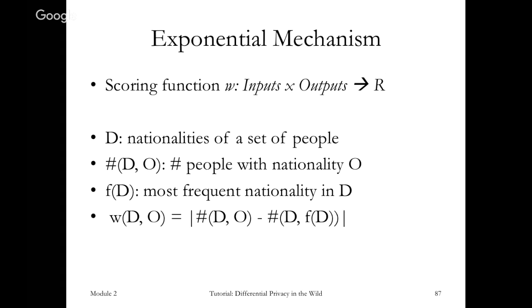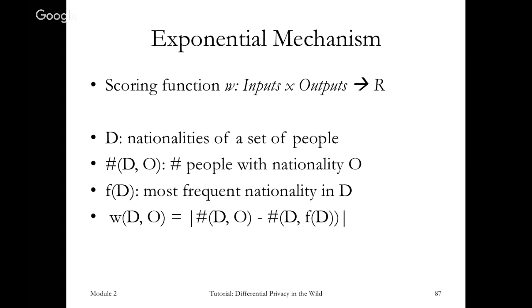Then our scoring function, how much would we like to output this particular nationality, would be the count of the number of people with that nationality in the data set, and take the difference between that and the count of the most frequent nationality in the data set. So basically this will prefer outputting the most frequent nationality, but you may output, say, the second most frequent or the third most frequent, and those will get lower scores.